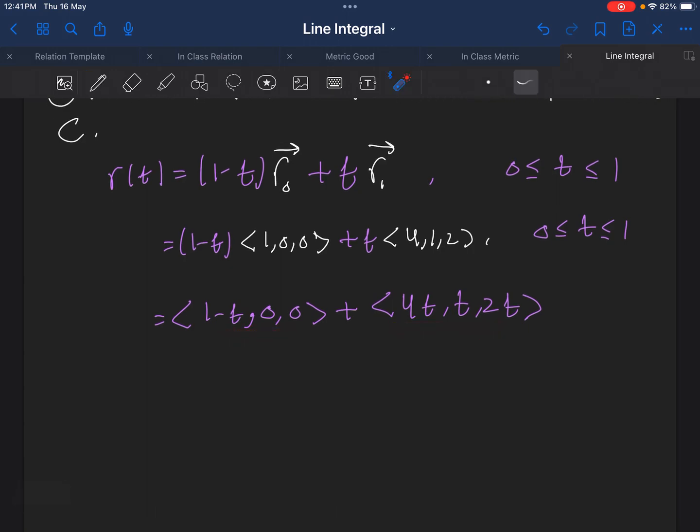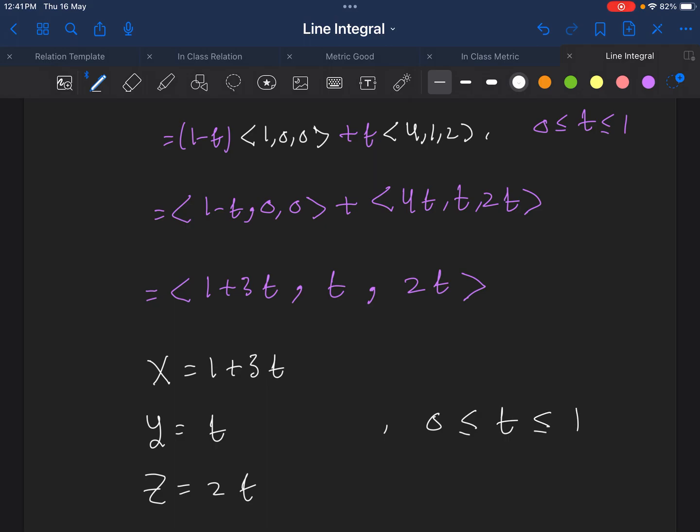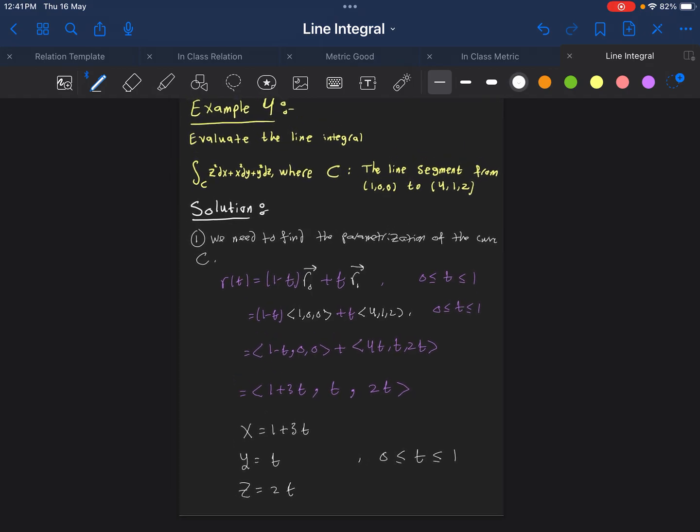If we combine them together, what we will get is 1 plus 3t, comma, t, comma, 2t. So the parameterization that we reach at the end is x equals 1 plus 3t, y equals t, z equals 2t. In addition, the integral will go from 0 to 1. And that's how we find the parameterization for this curve.